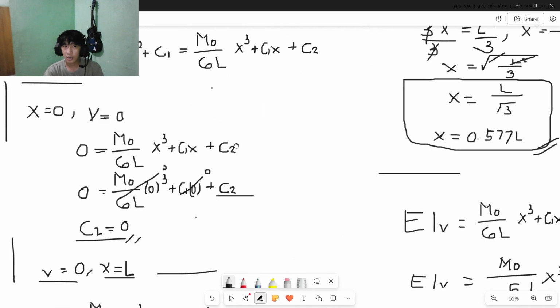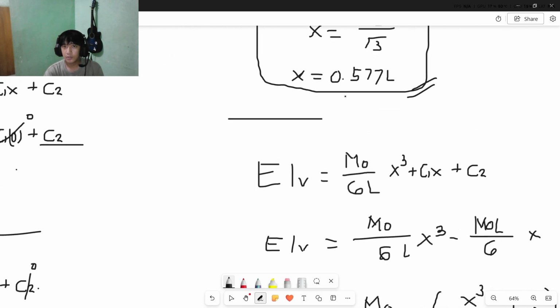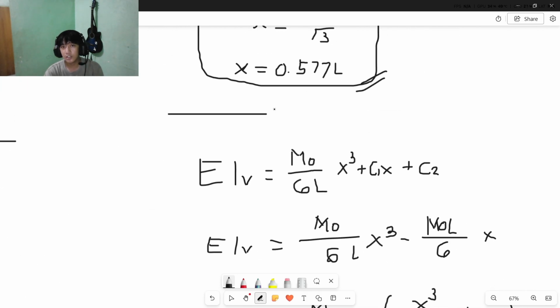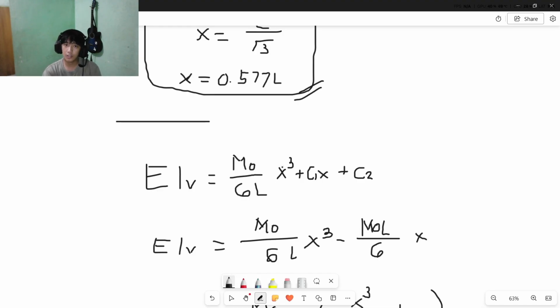Now we use our second integration. So that's going to be the flexural rigidity at point of deflection is equal to m sub o over 6L times x cubed plus c1x plus c2.